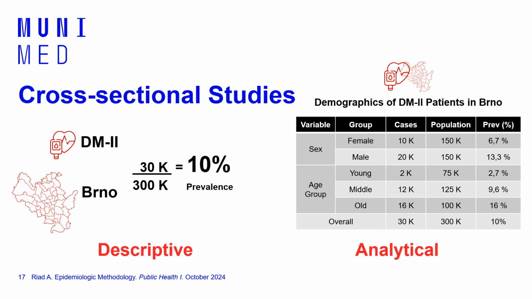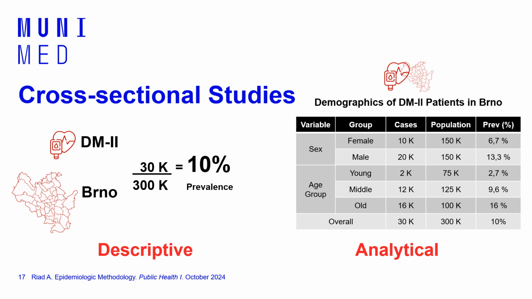For age groups as well, you can see that the middle age group has a higher risk or higher prevalence of having a disease compared to young individuals, and the old age group is the highest. So in this case, you can say age is also a potential factor or potential reason for the illness, but of course this is not the only reason. There are many other reasons, and having this detailed information about the populations that have the problem will help you to understand what the reasons can be.